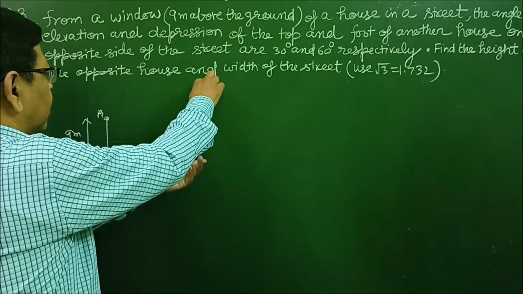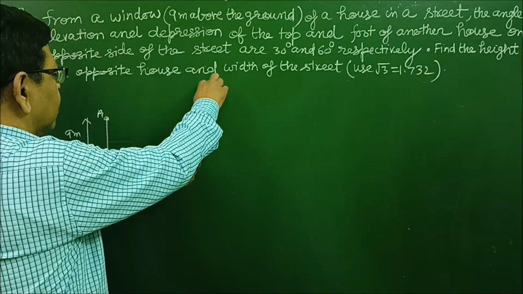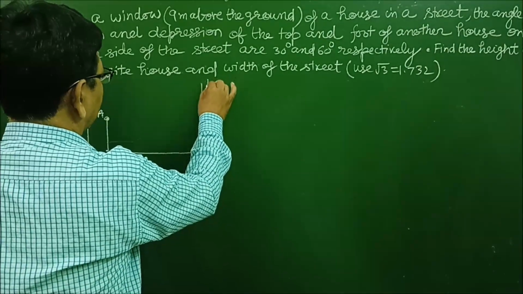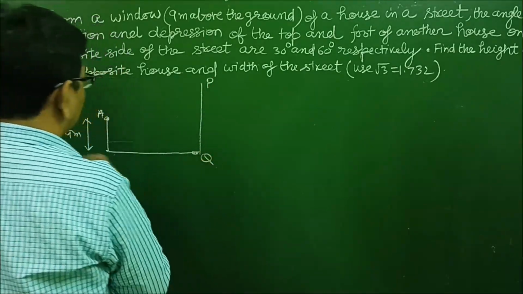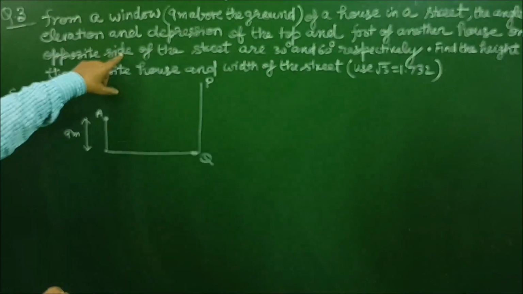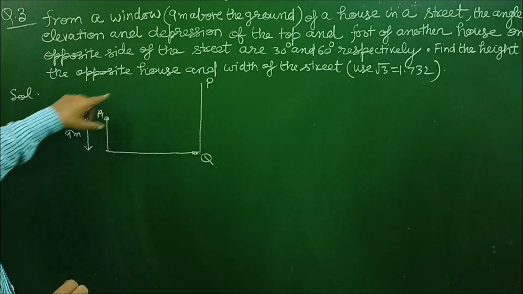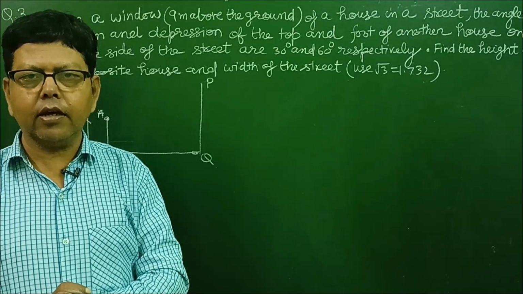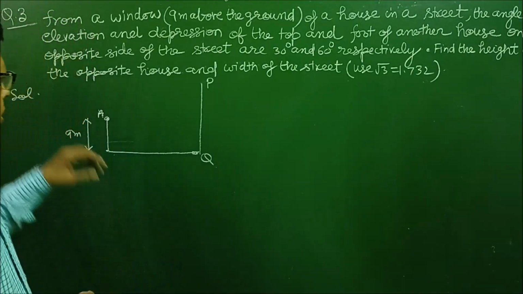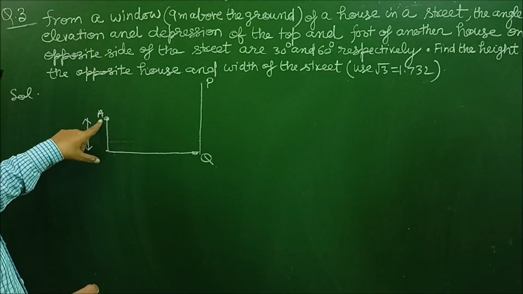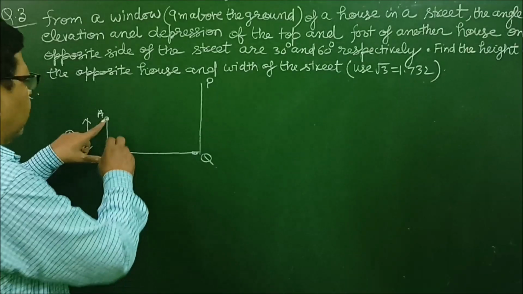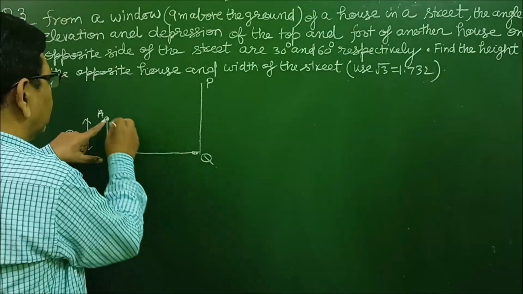From this point the house on the other side of the street is observed. Let the other house be denoted by PQ, and both top and foot are observed, and their angles of elevation and depression are given. It means the other house has more height than the window of the left house. So the angles of elevation of P and Q are given.